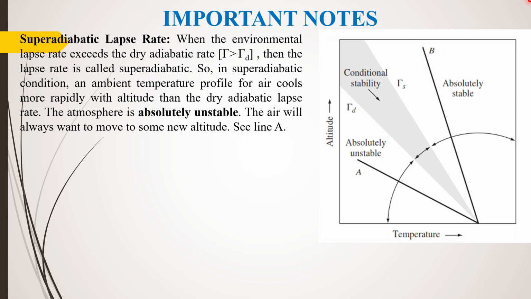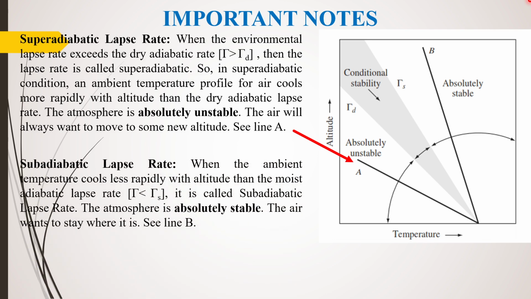In superadiabatic conditions, the ambient air cools more rapidly with altitude than the dry adiabatic lapse rate, and the atmosphere in this condition is absolutely unstable, and the air will always want to move to some new altitude. In this figure, you can see line A for this superadiabatic lapse rate.